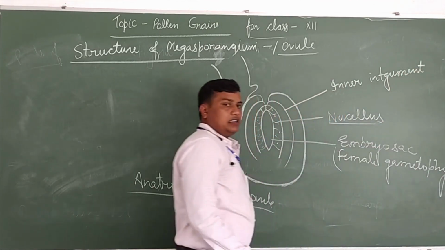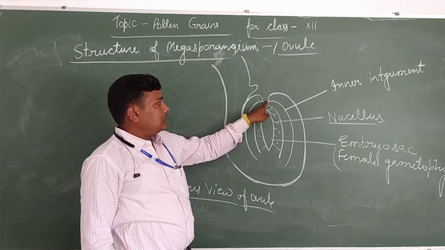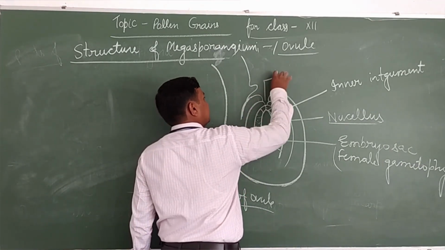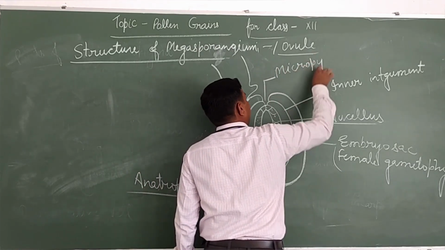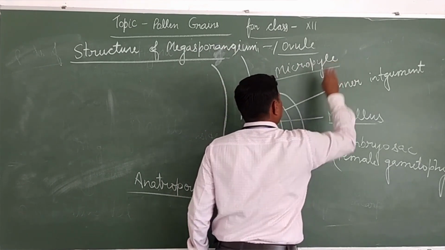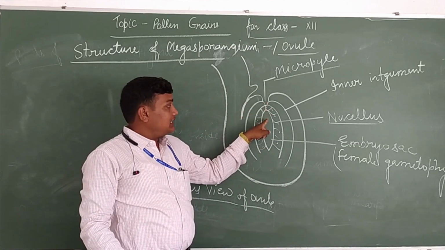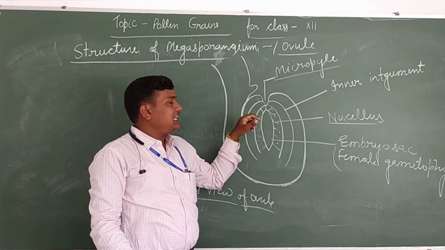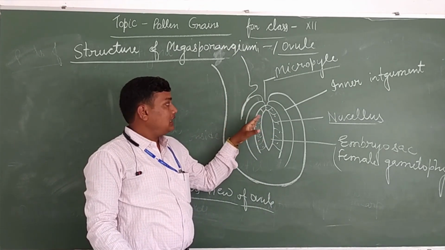At the upper portion, this portion is known as micropyle. Micropyle is the portion through which the pollen tube enters inside the embryo sac after landing of the pollen grains on the stigma.